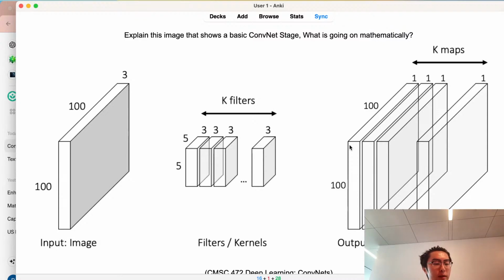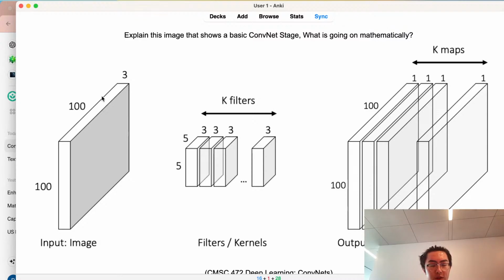I think what then happens is we have a 100 by 100 image and a 5 by 5 kernel. So if we want to have an output of the same size, 100 by 100, I think we would need to have a padding of 2.